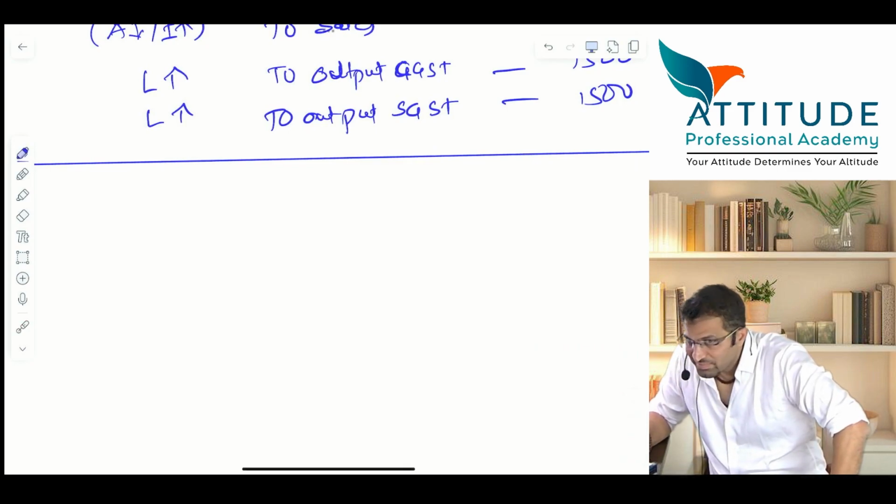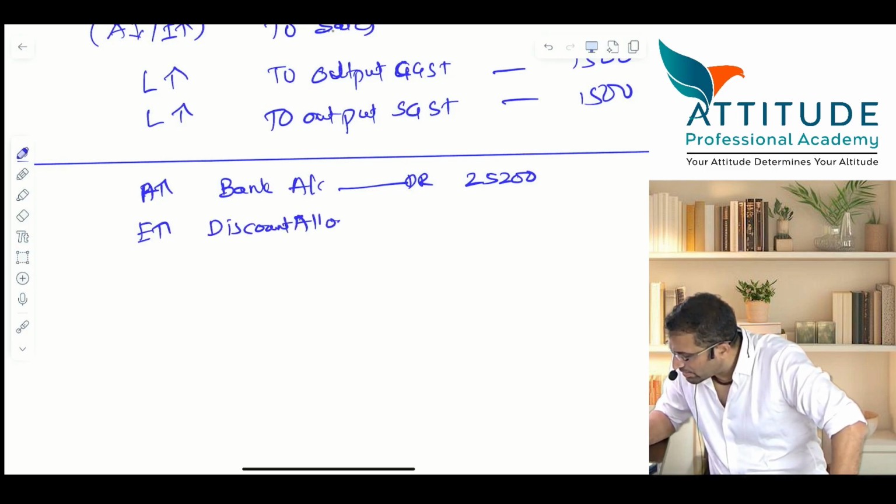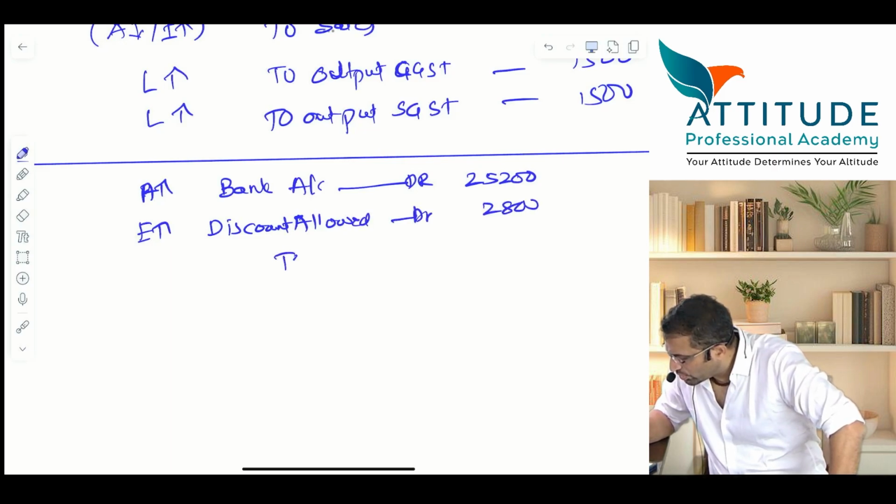Bank account debit, asset increases. How much did the bank account get? Expense increases, discount allowed. Discount allowed debit, how much? 2,800.